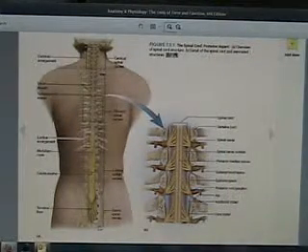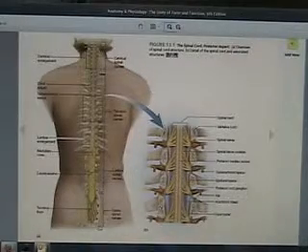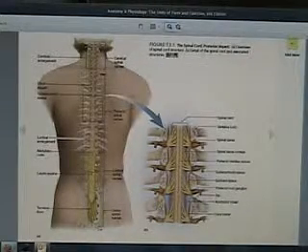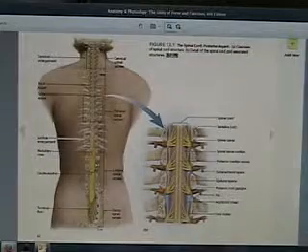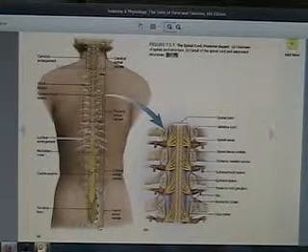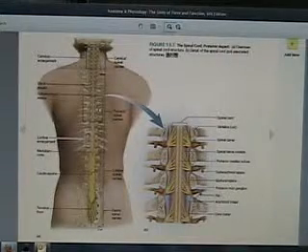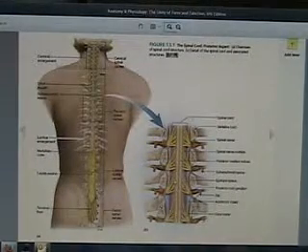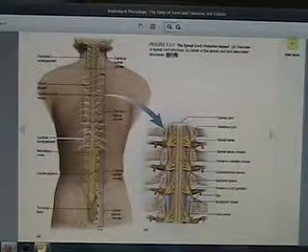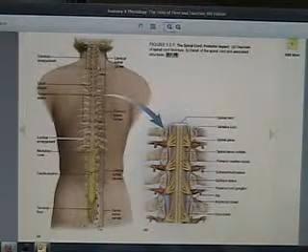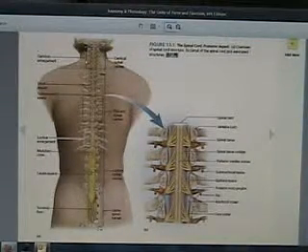We are working. So these are spinal nerves. Your spinal nerves, there's 31 pairs. Remember, you have the left and the right. Now, the 31 pairs are divided into 5 different categories. And just like your vertebrae, they are categorized by their location. So the neck area, that'll be cervical.